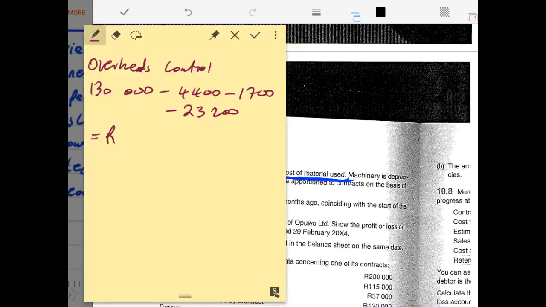And cost of material is what was transferred or purchased less what was transferred outside this contract, and this was transferred back to the main storage. This was transferred to another contract, and this is the closing stock. So now after you have done that, you get to the amount which is called the material that was used.